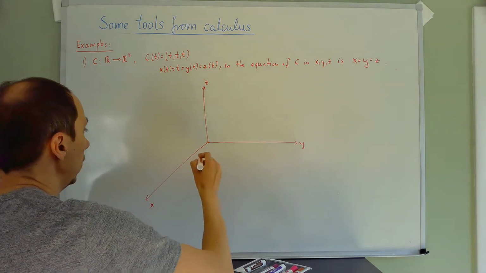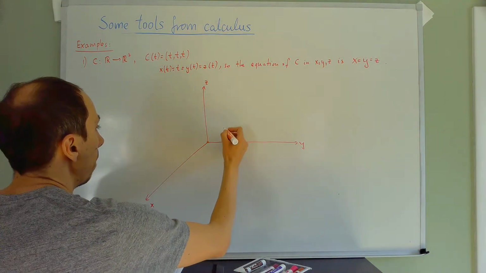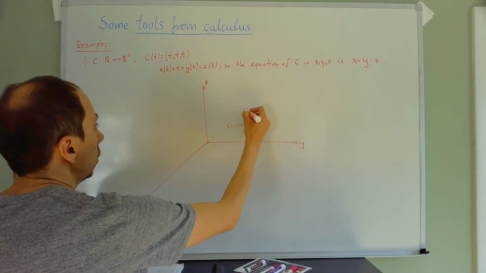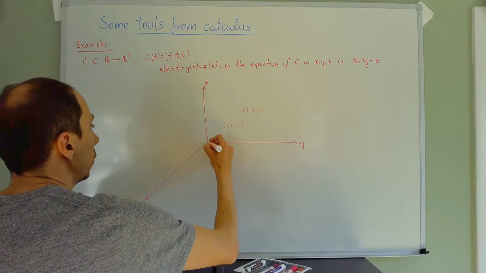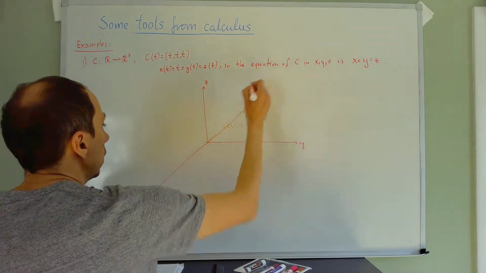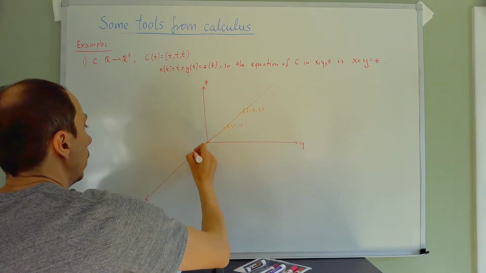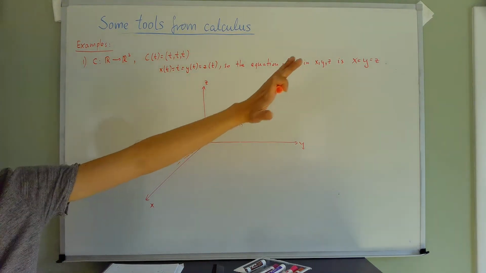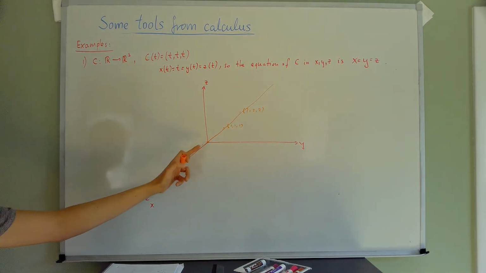When t is 1, I get the point 1, 1, 1. When t is 2, I get the point 2, 2, 2, and so on. So it's the line that looks like this. Of course, this line sort of sticks out of the board. It forms equal angles with each of the axes.